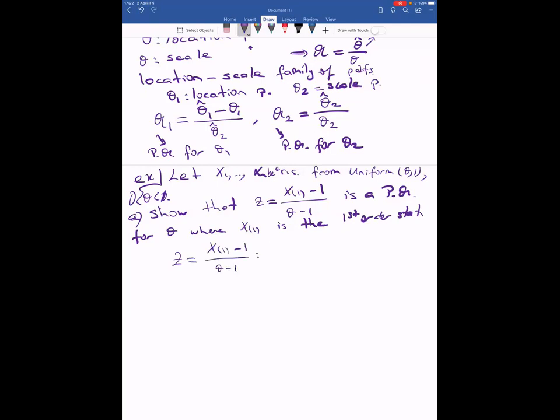It is a function of sample random variables, right? It's a function of the first order statistic, and it's a function of theta. So these two properties are satisfied.